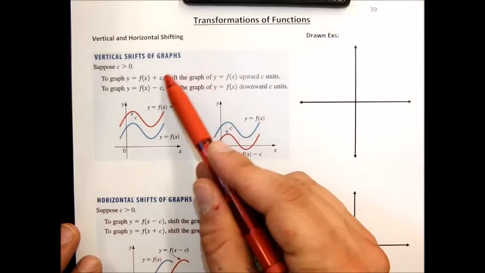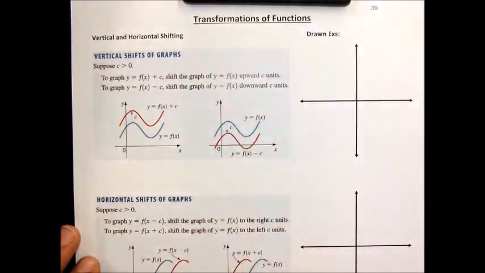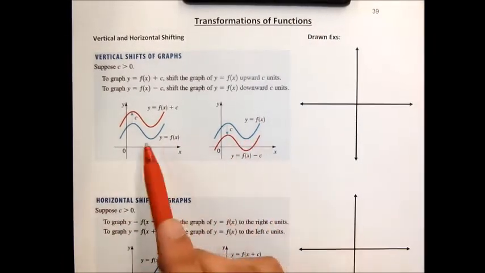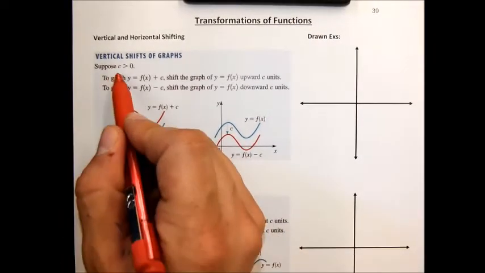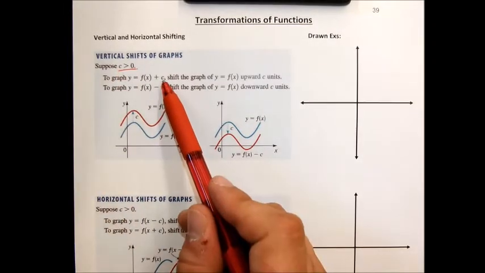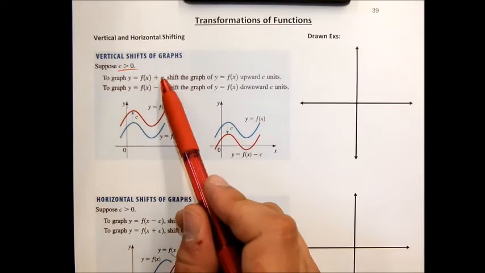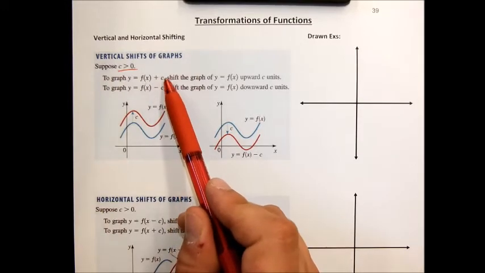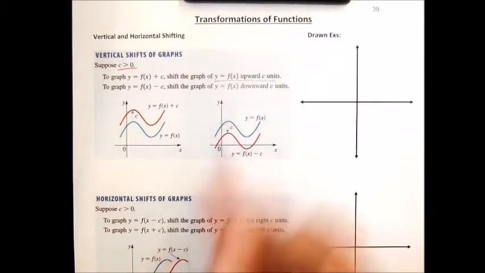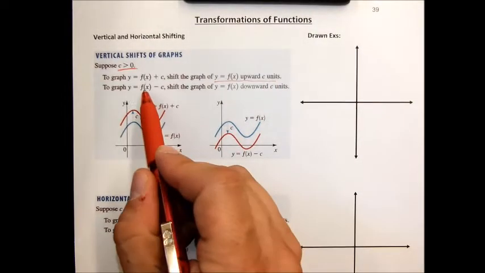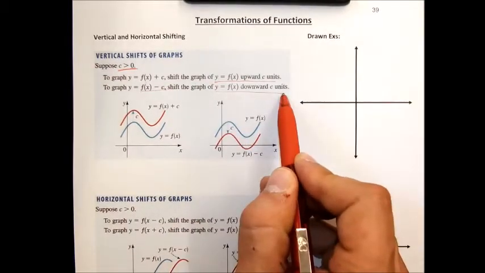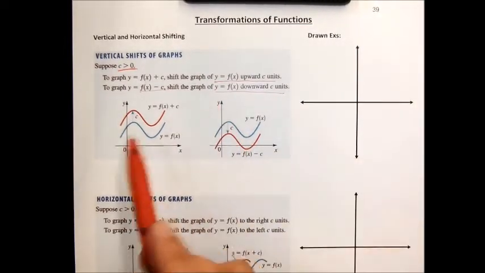So the first thing is vertical shift. This is the one that's usually the easiest to learn, so that's why it's first. What this box is showing us is that if we have C, which is some positive number, and we add C on the outside of a function, so we take a function and we add C to it, it moves that function up by C. And if we subtract C from the function, it moves the function down C. That's what's being shown in this picture.